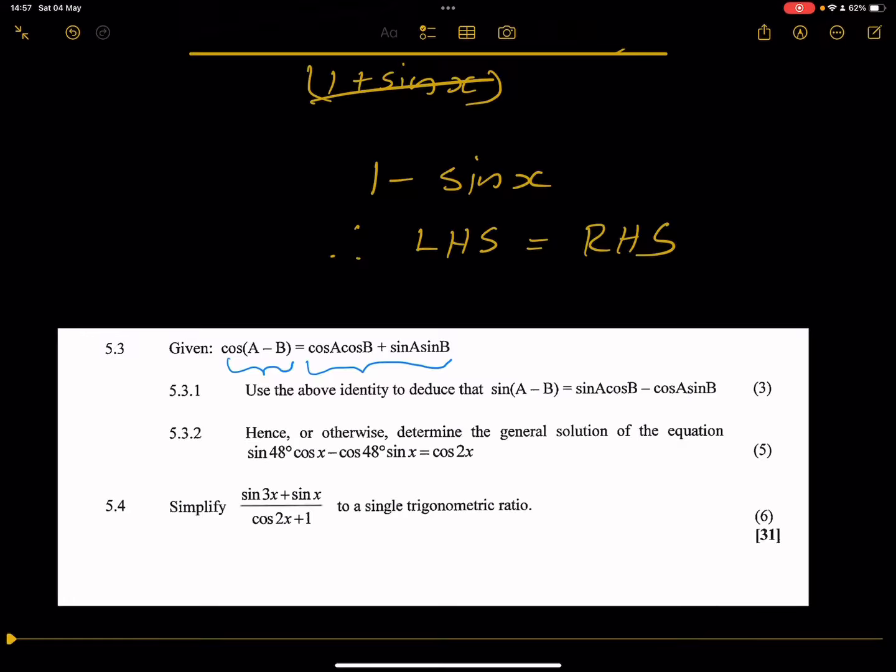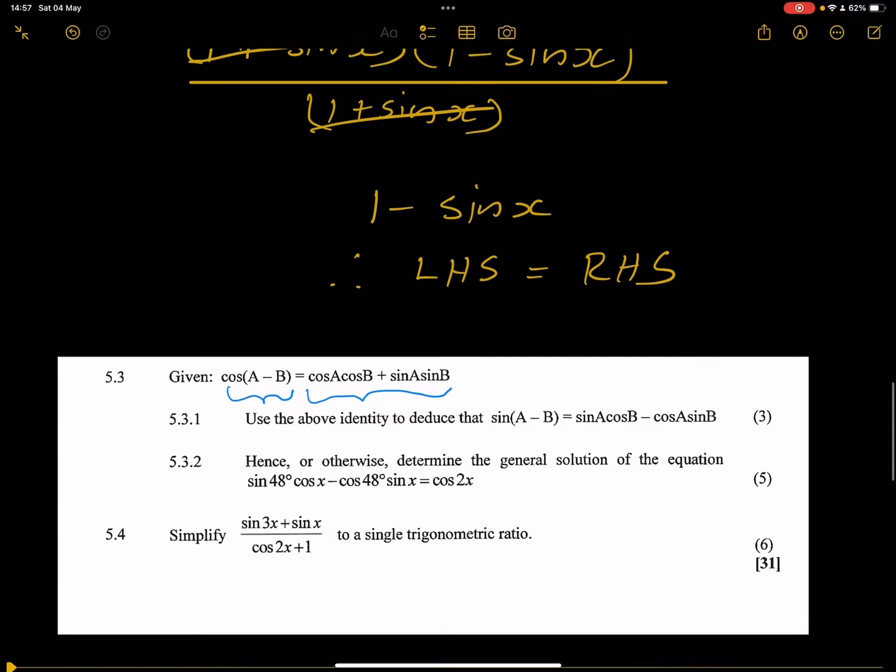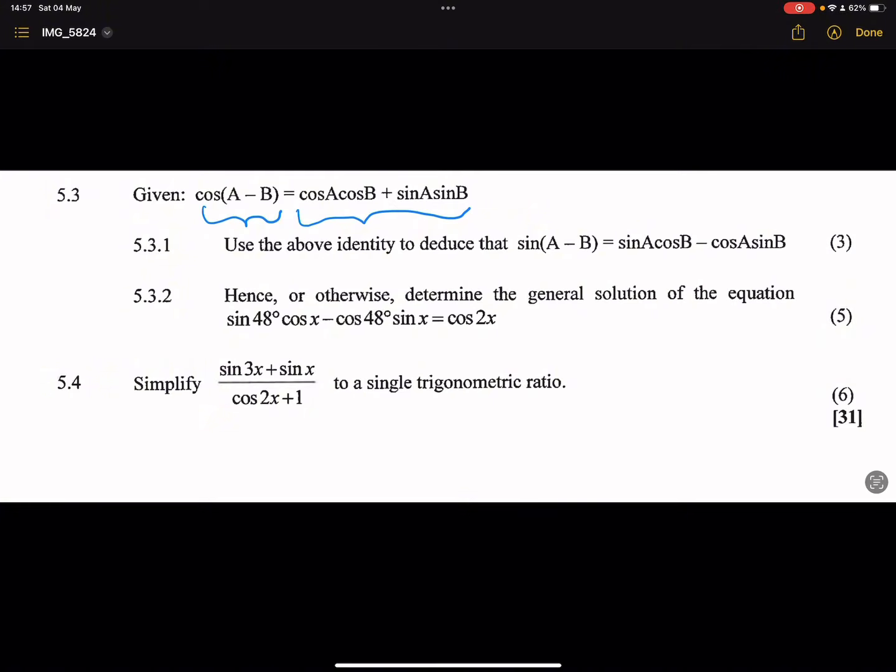Okay. Right. In the next question, they say, hence or otherwise, determine the general solution of the equation sine 48 cos x minus cos 48 sine x is equal to cos of 2x. Now, what I want you to note is that, can you see that my 48 now becomes A and x becomes my B, right?